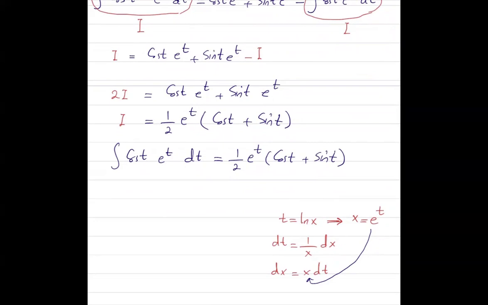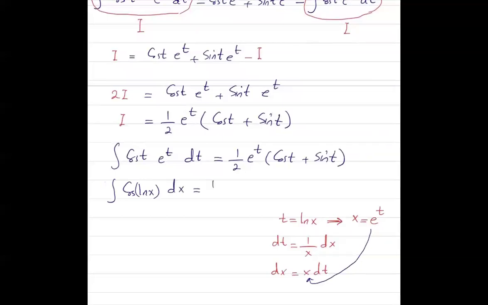So this integral, the integral of cosine t e to power t dt, which was original. Let me write it down in original format to avoid any confusion. So the integral of cosine of ln of x, e to power t was x, and here you had your dt, it was equal to dx.